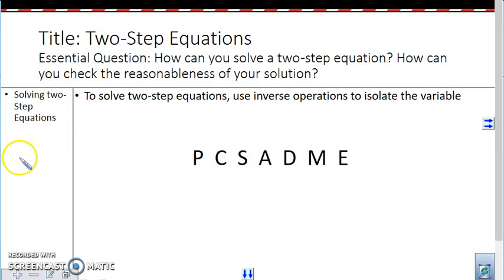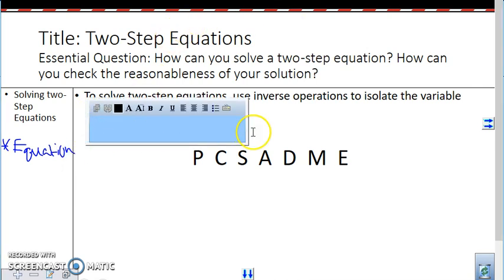An equation. There's a difference. Equations always have variables.